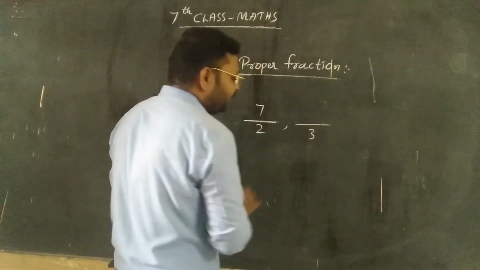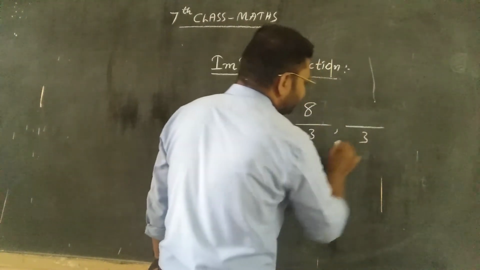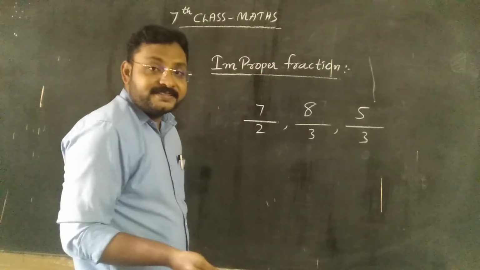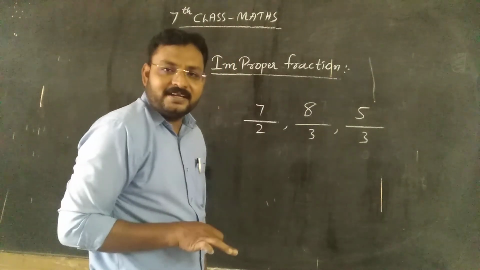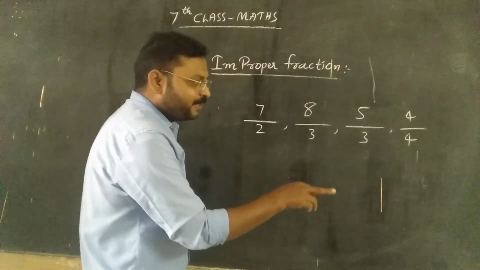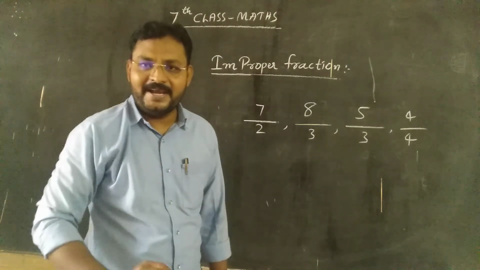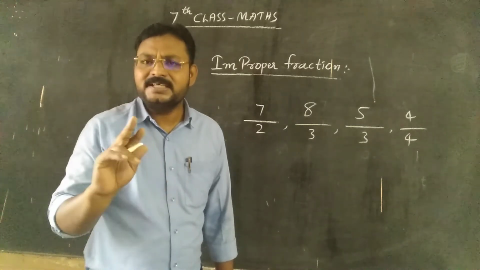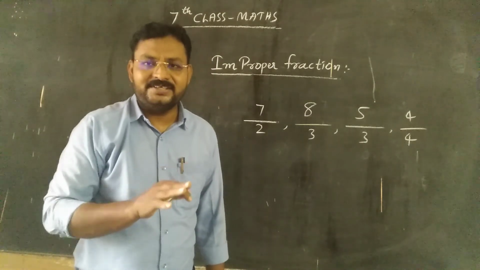Otherwise, if the denominator is equal to the numerator, we can write it as 4 by 4. Denominator and numerator are both equal. In such a case also we call them improper fractions. So these are the two types I said to you: proper fraction and improper fraction.